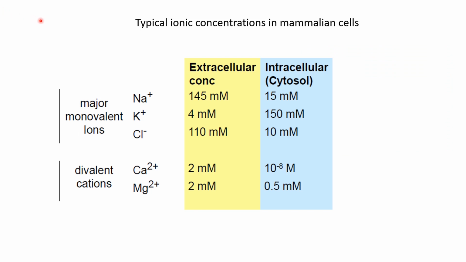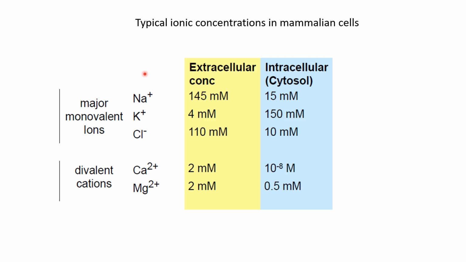Now let's take a look at the concentrations of different ions inside the neurons. In fact, these ions are also present in other cells of our body in pretty much the same concentrations. So we can see generally what the concentrations of these ions are in typical mammalian cells. These ions can be broadly grouped into two classes depending on the amount of charge that they have.